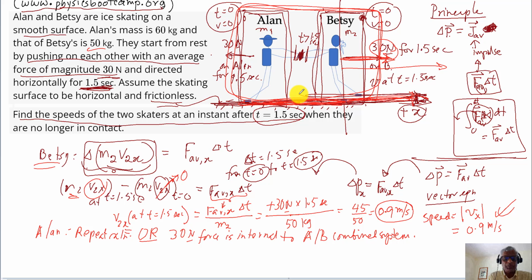So we can use that principle. So that principle will be the change in momentum of Allen, x component. Let me get another new slide. Okay, so this is an important point.